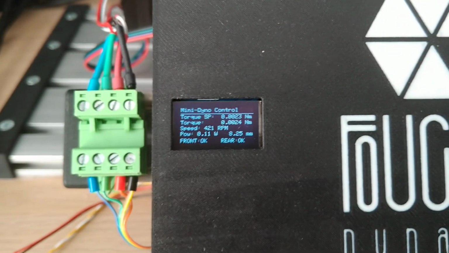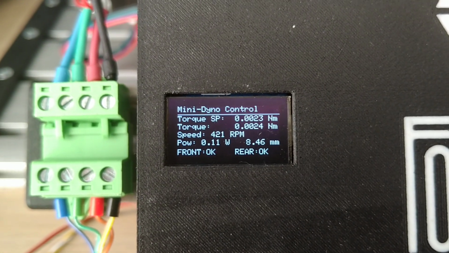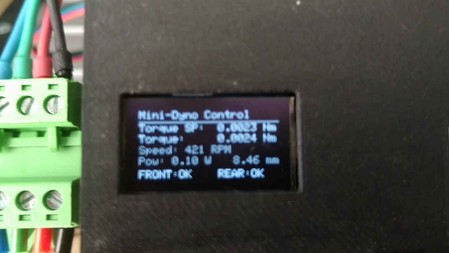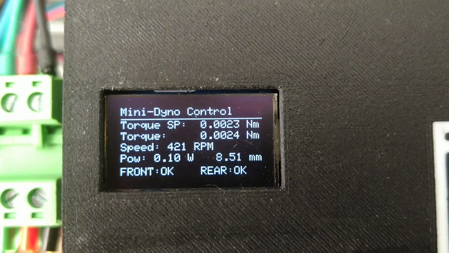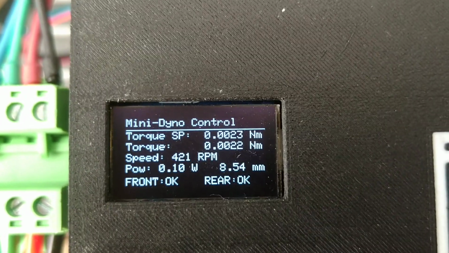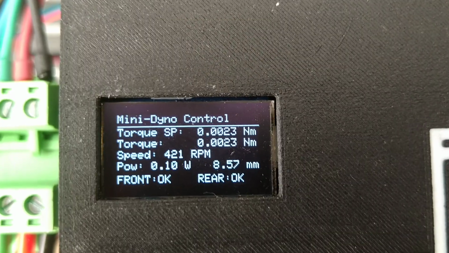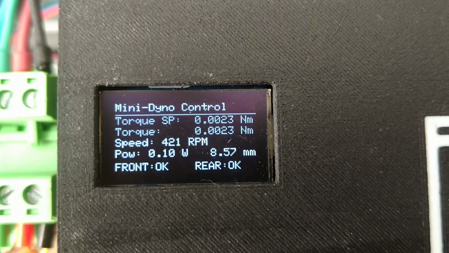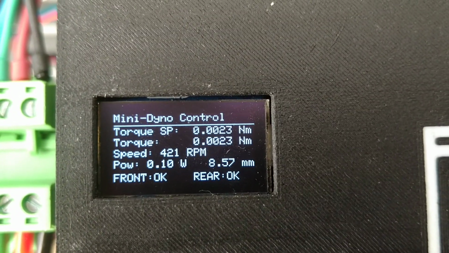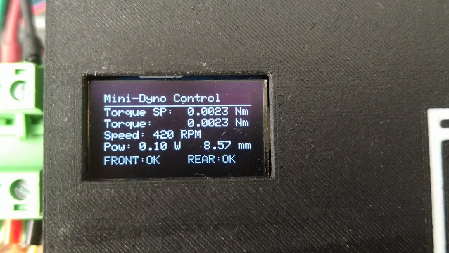So let's go back to the microcontroller's display of the Mini-Dyno and see what a filtered version of those values is showing. And here we go. Nice and steady. So even at the lower end of the controlling range and the measurement range of the torque sensor, we can maintain constant resistance really well, and the gap is fairly long, 8.57 millimeters.